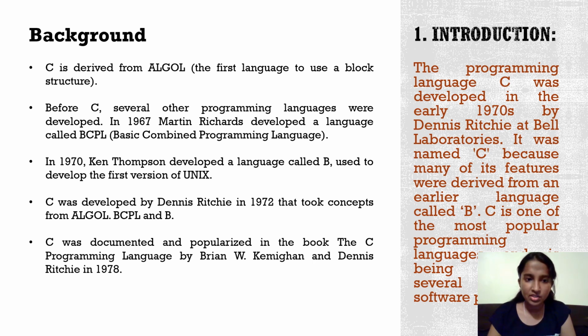In 1970, Ken developed a language called B, used to develop the first version of UNIX. C was developed by Dennis in 1972, taking concepts from ALGOL, BCPL, and B. C was documented and popularized in the book The C Programming Language by Kernighan and Ritchie in 1978.